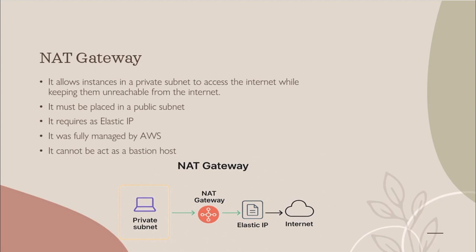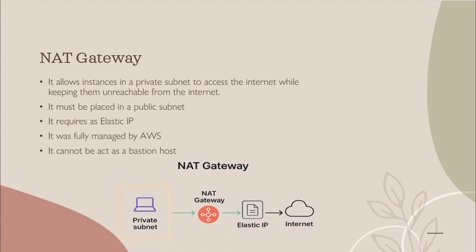Even though the NAT gateway is attached, it requires an elastic IP. We all know that the elastic IP is a static IP and it does not change even if we stop or start or replace the instance.